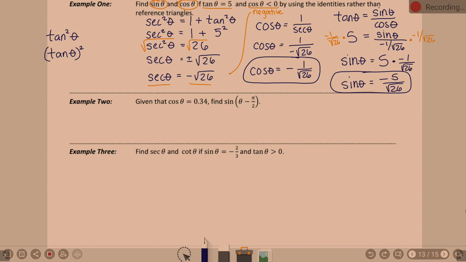We could have used the Pythagorean identity of sine squared plus cosine squared equals 1. Because if you know cosine, you're trying to find sine, we could have done that just as well, and you would have gotten the same answer, so it doesn't make it wrong. So this is where I say there are different routes to get to these answers. But I need you using the identities, okay? Don't go back to chapter 4 methods. Okay, questions there?